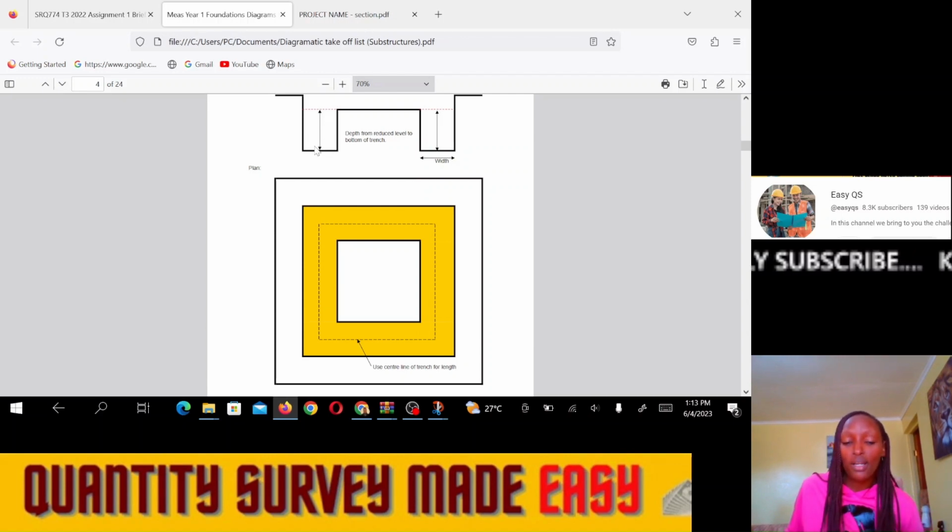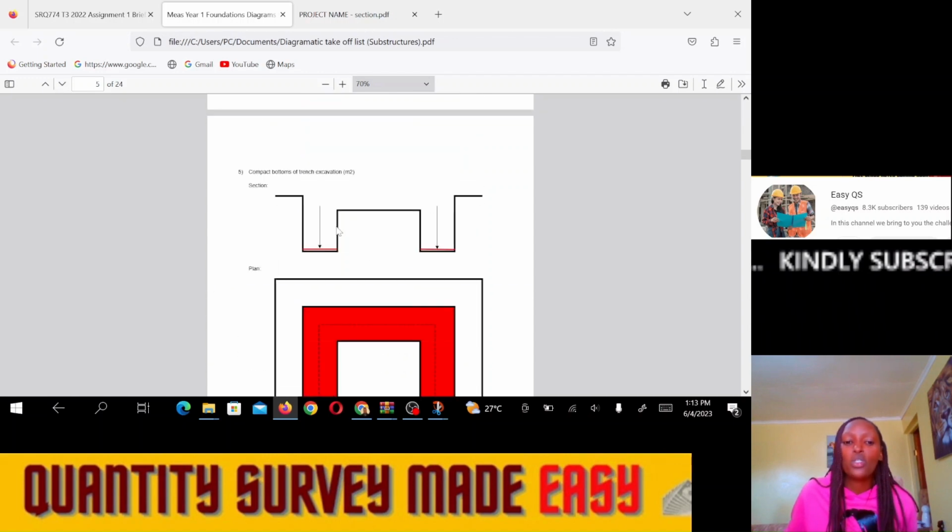So we shall be able to know how much volume of soil by taking the center line times the width of the trenches times the depth of the trenches from the reduced level. Remember, the whole site is at the normal ground level, but where the building occupies is already at the reduced level. So when we want to excavate the trenches, we shall start from the reduced level down to the bottom of the trenches.